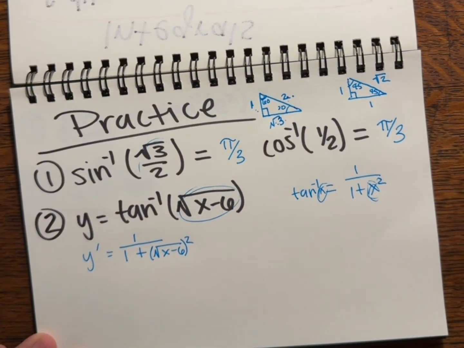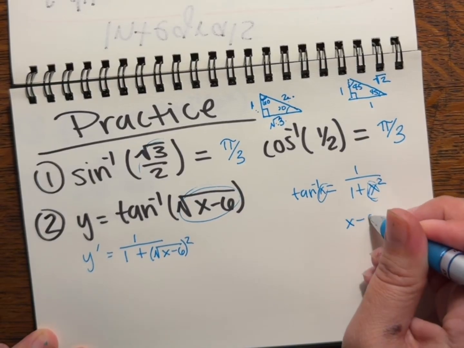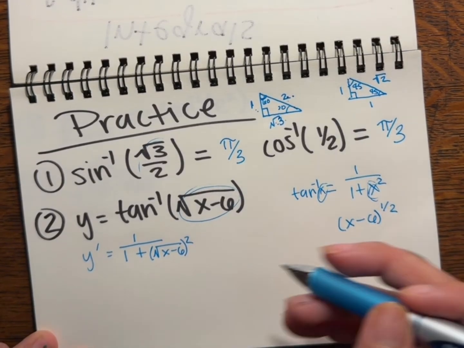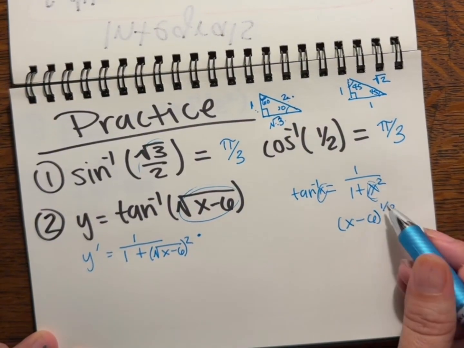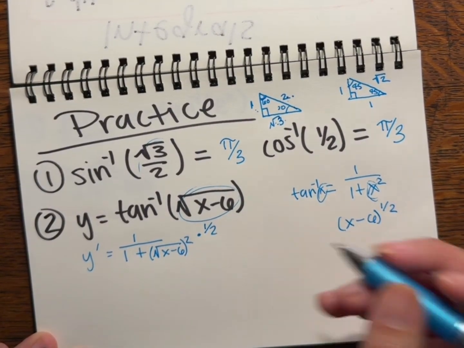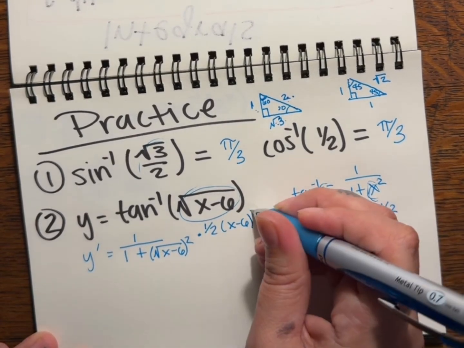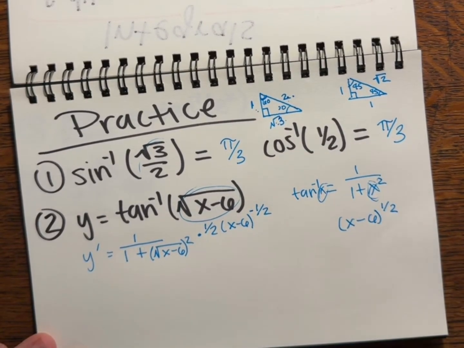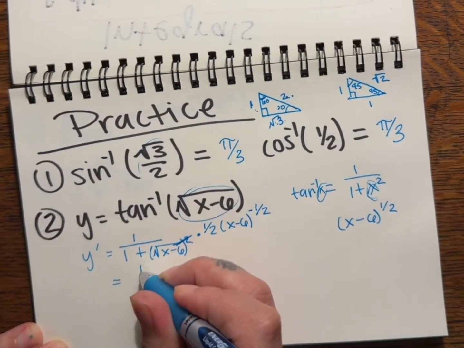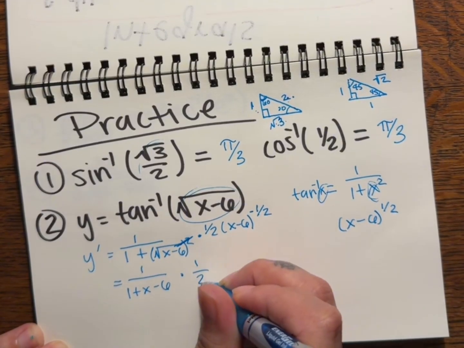And then using the chain rule, I need to get the derivative of this. I write it in exponent form. The derivative of this is 1/2. I bring the 1/2 to the front, subtract 1, and that's going to be negative 1/2. Now we just simplify, so this cancels here. So we have 1 over 1 plus x minus 6, times 1 over 2.